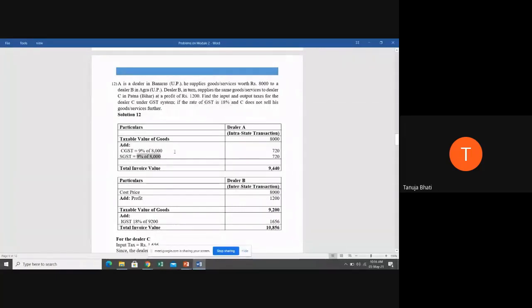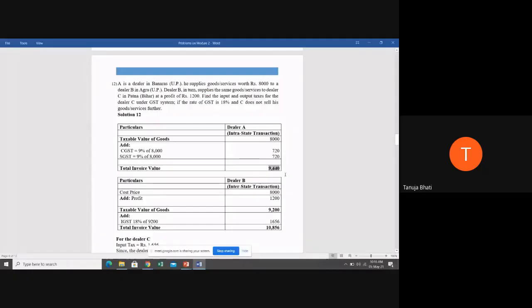Always GST is charged on the taxable value. Therefore, we are taking 9% of 8,000 and 9% of 8,000, which comes to 720 each. So the total taxable value plus the GST amount is what dealer A is going to collect from dealer B.